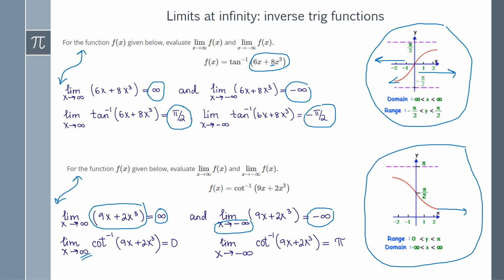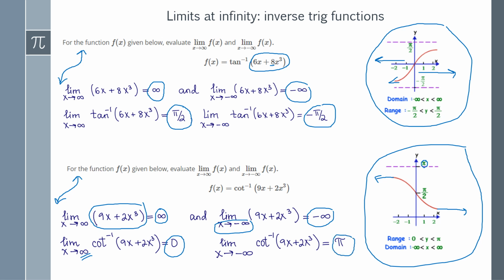So here we have a lower limit of 0. So that's where this number comes from. Okay, what happens as x goes to negative infinity? So x goes to negative infinity, the branch goes up, approaching pi. Okay, so that's where this limit comes in.